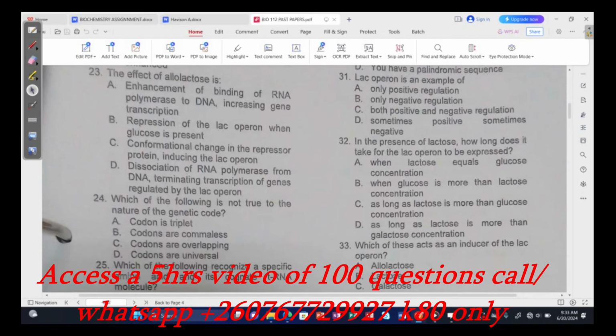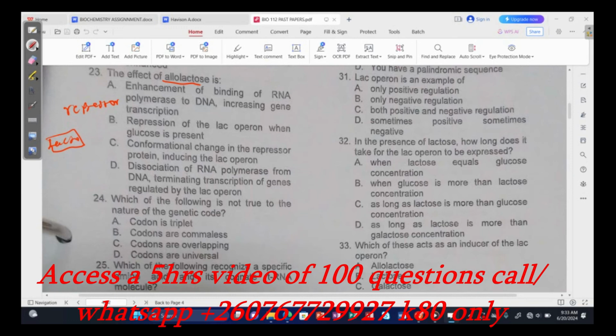Okay, 23. The effect of allolactose is, I briefly tackled this. Allolactose induces a conformation change of the repressor. What will happen first is that you have lactose. This lactose will get inside the cell of the bacteria. Then it has to be changed into allolactose.